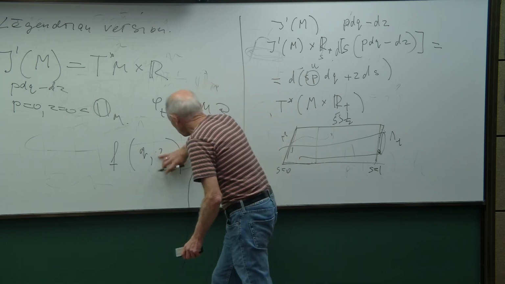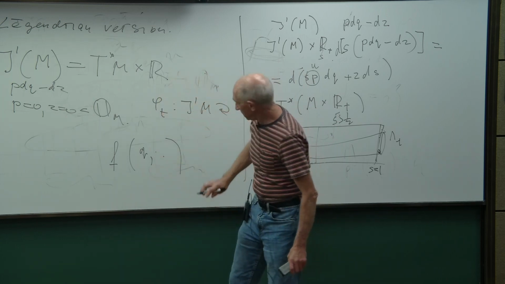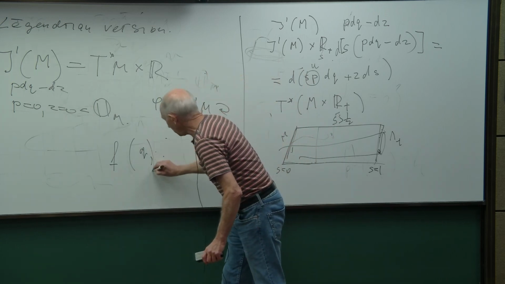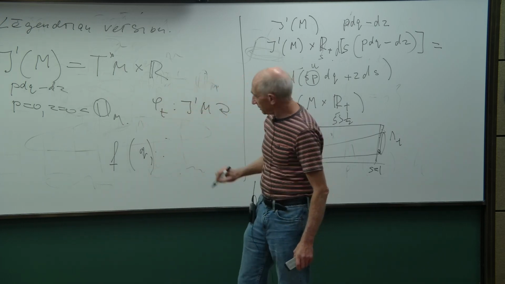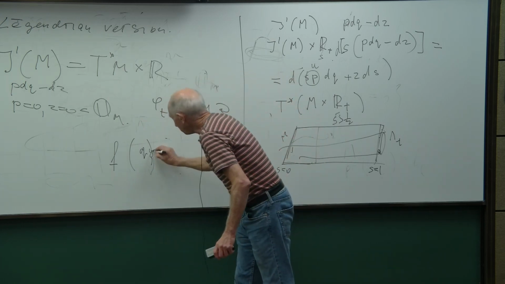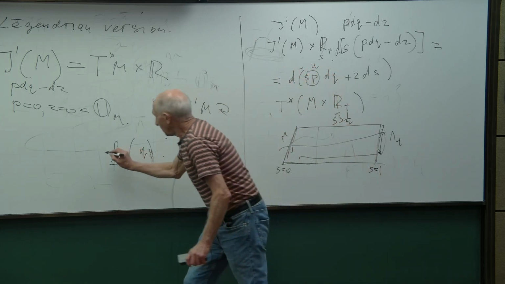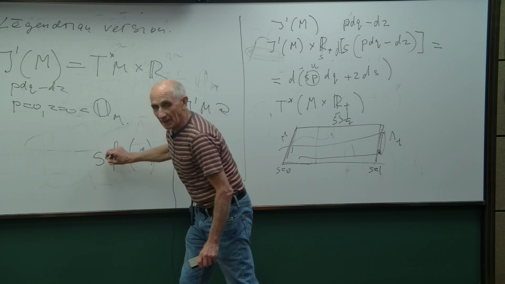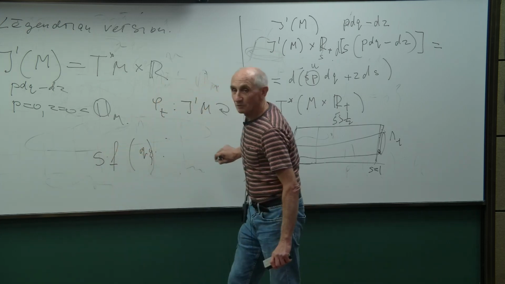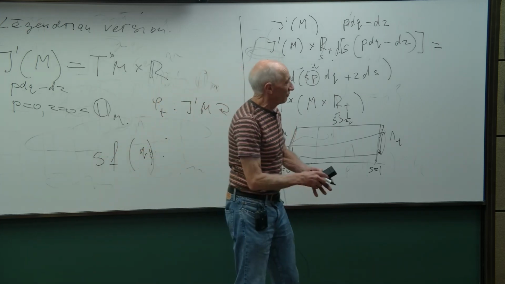So if my Legendrian was given by some generating function f of q, maybe of even whatever other variable, f of q, y, then if I multiply it by s, this would be a generating function for this Lagrangian.